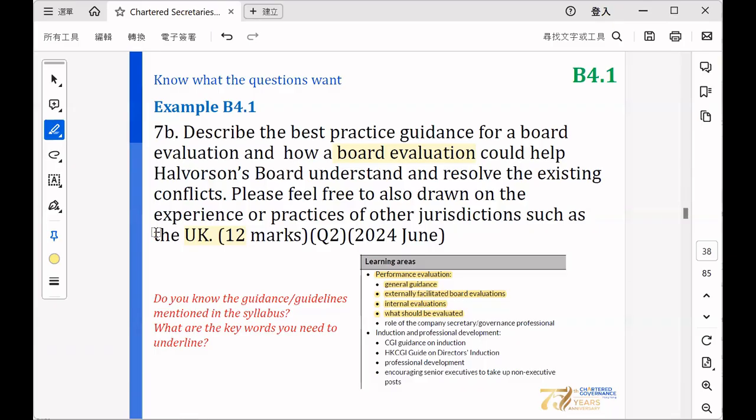So board evaluations is a question I think not many candidates are familiar with. My advice is that you should take a look at the FRC guideline on board evaluation, because here it asks you directly to give reference to the practice in other jurisdictions. So it's not just Hong Kong. You can also discuss the other jurisdictions as well.